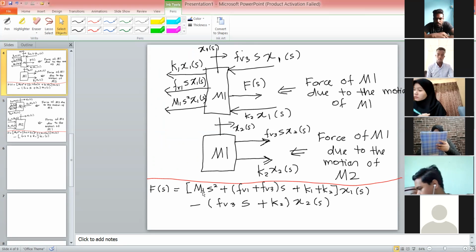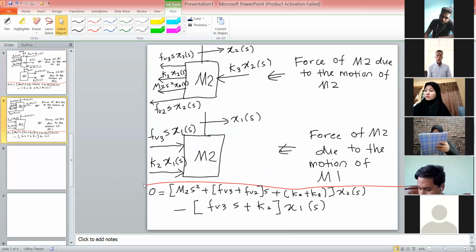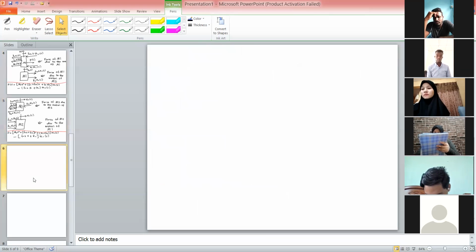We have Fs equal m1 s square plus fv1 plus fv3 times s plus k1 plus k2 times x1s minus fv3 s plus k2 times x2s. Okay, this is one equation. Another equation is m2 s square plus fv3 plus fv2 times s plus k2 plus k3 times x2s minus fv3 s plus k2 times x1s. This is the second equation.